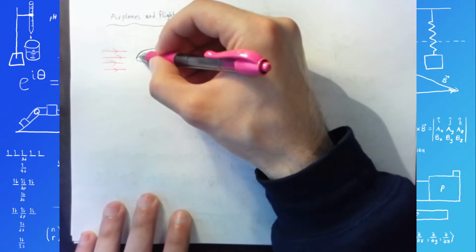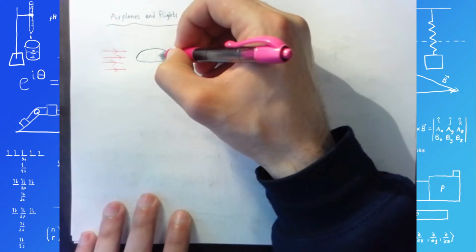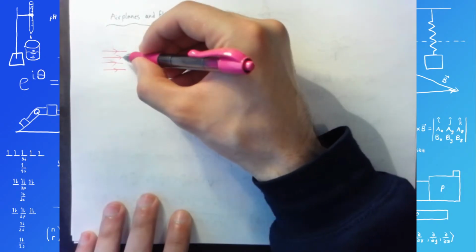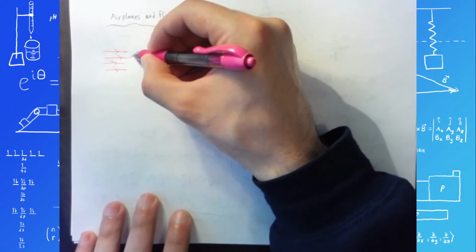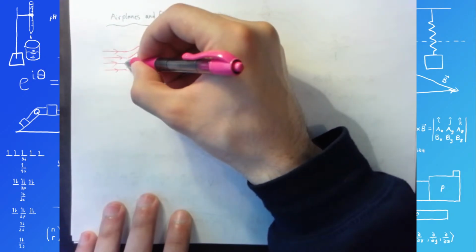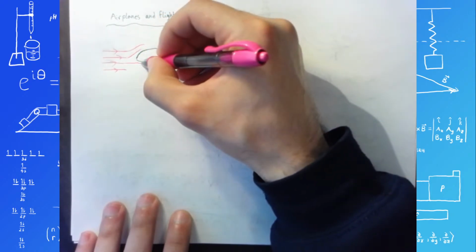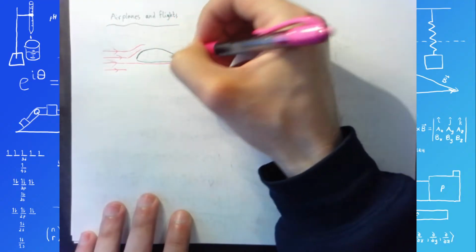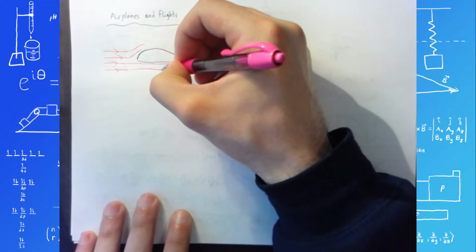And it's going to come across the wing, and of course it's going to try and keep moving to the right, so some of the air will go over the wing like this, and some of the air will go under the wing. The air that goes under the wing can just go unaltered.